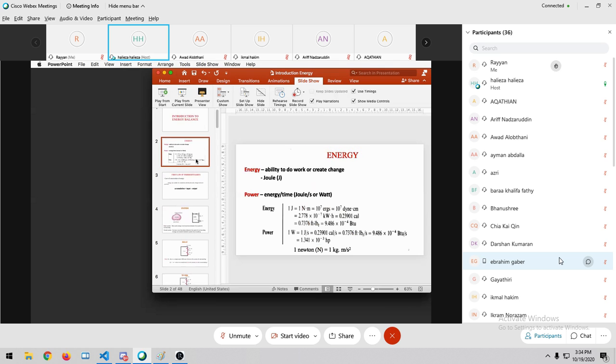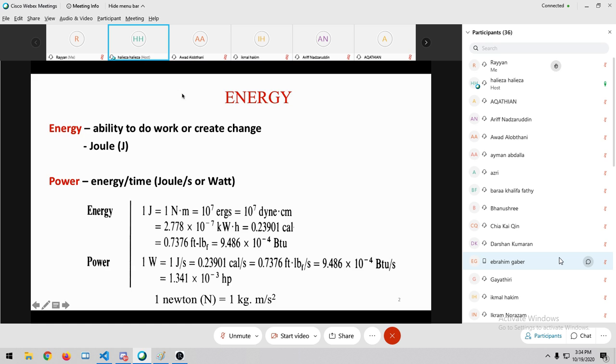The unit that we need in order to change to kilowatt: 1 joule or 1 watt. We need watt.